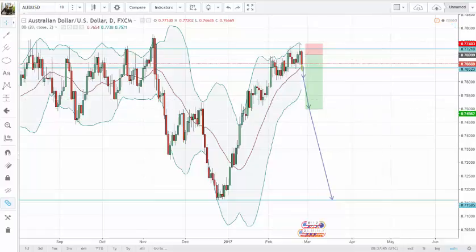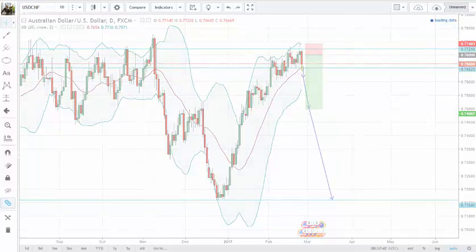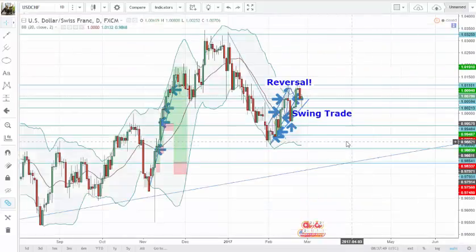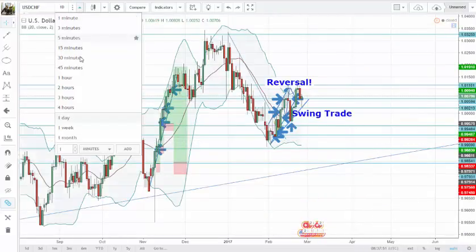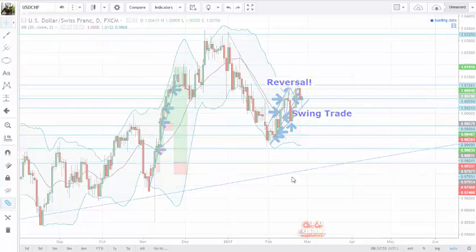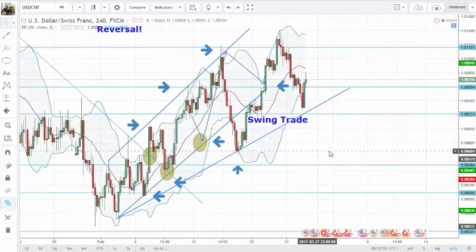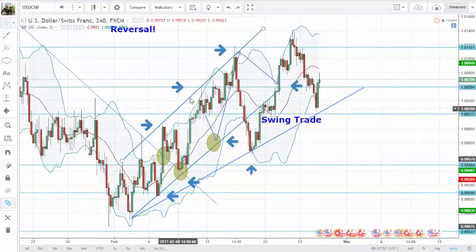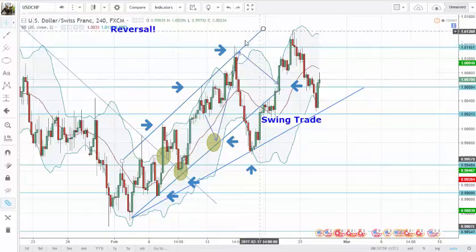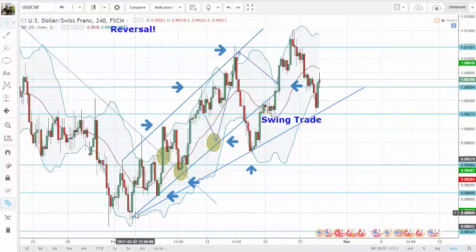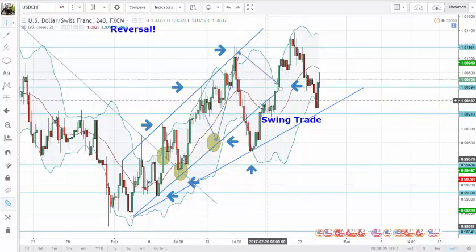Then I showed you in my weekly analysis last week the US dollar Swiss franc on the 4-hour chart. Let me show you what a beautiful chart this is. I love this as a technical trader. The trend line to the upside is holding very nicely. An inner trend line which acted as a support got broken, so it's not respected that much anymore.